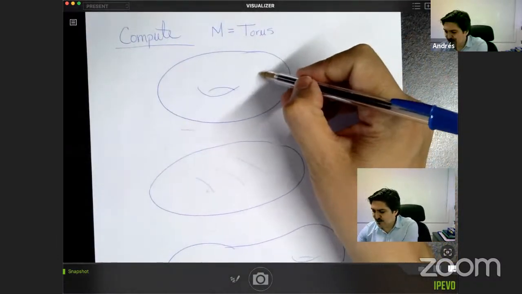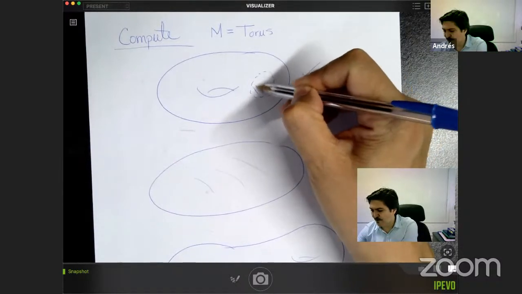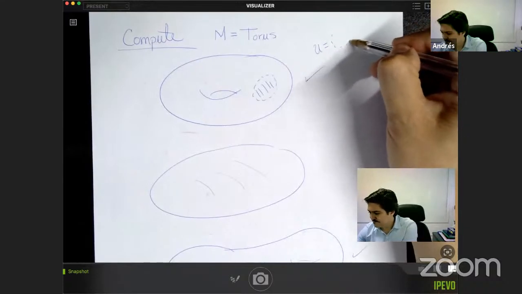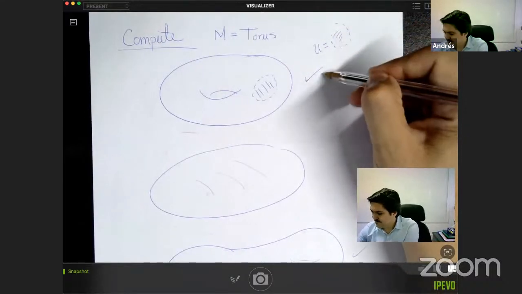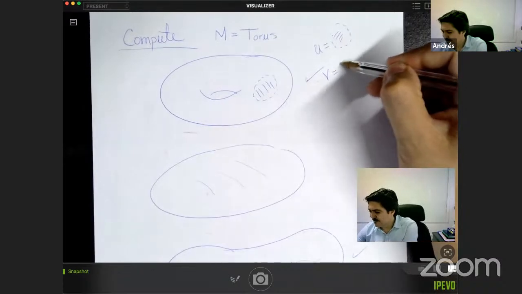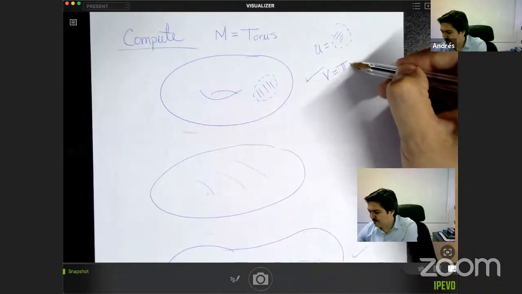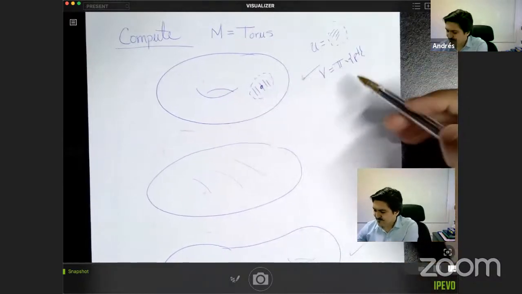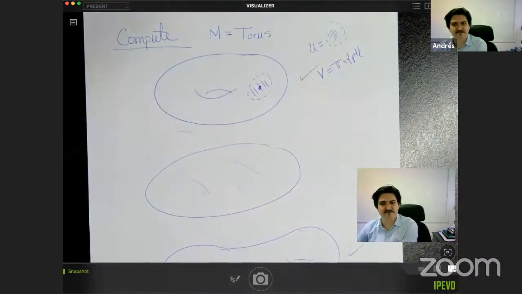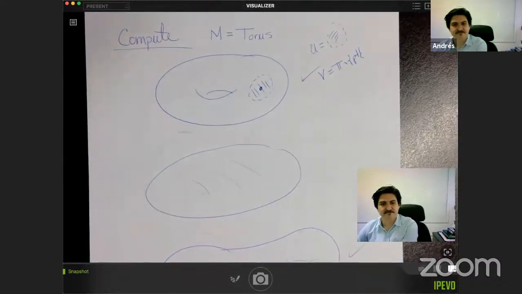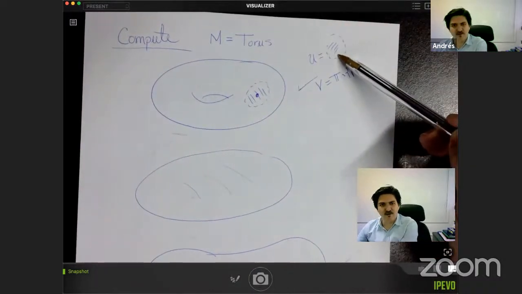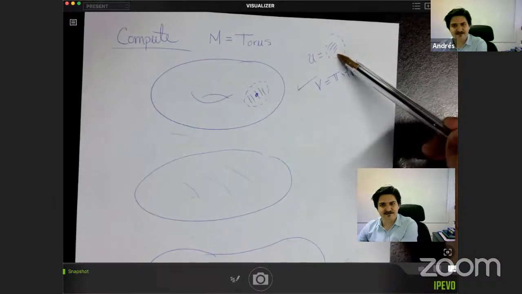I'm going to take U to be some open disk. And V to be the torus minus a point. This is open, this is open. You know the cohomology of this, right? That's contractible.